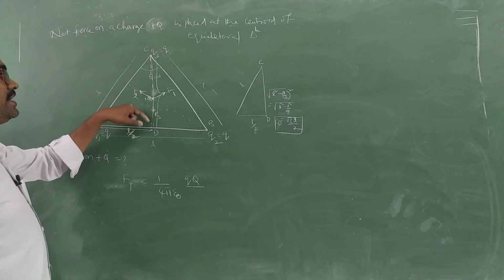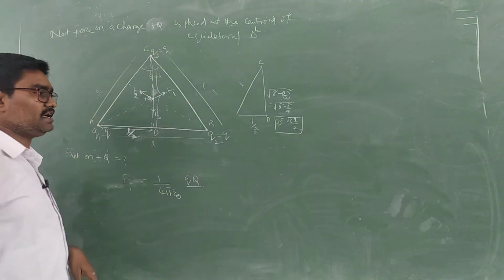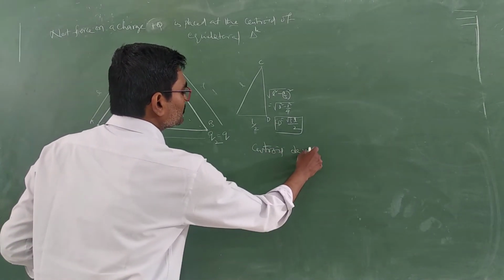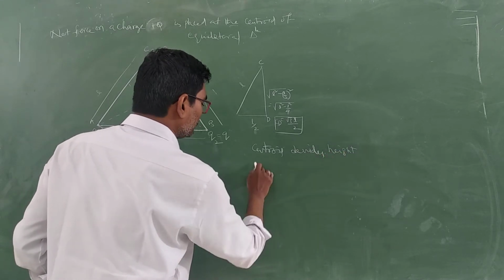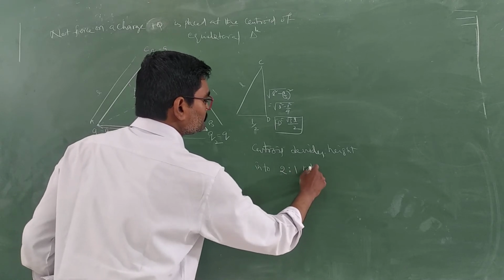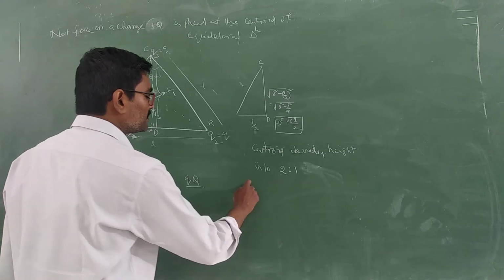But CD is this. But the centroid divides this height into which ratio? 2:1 ratio. Okay, that means what?